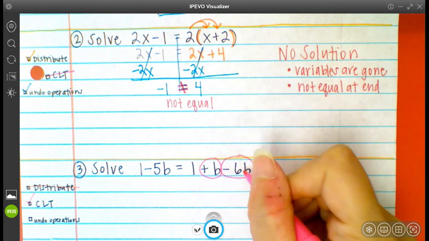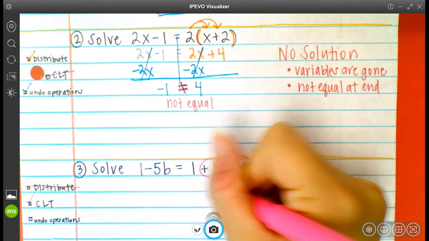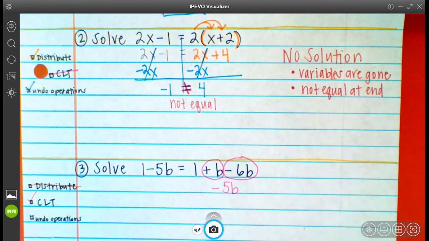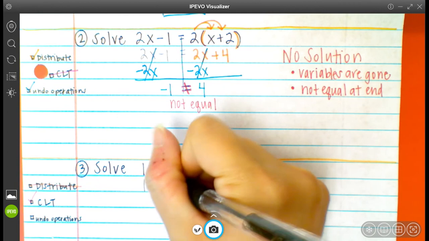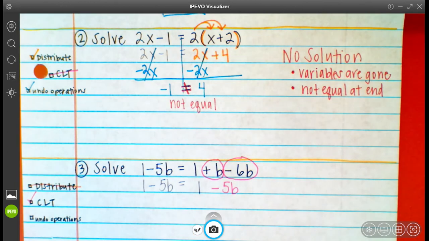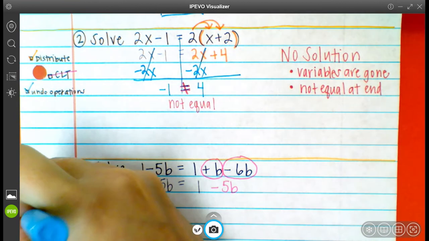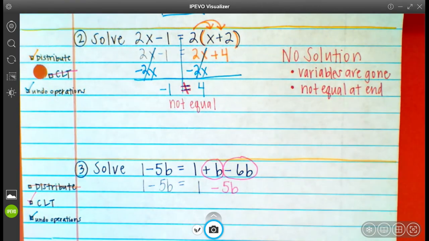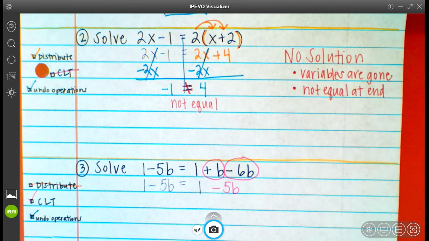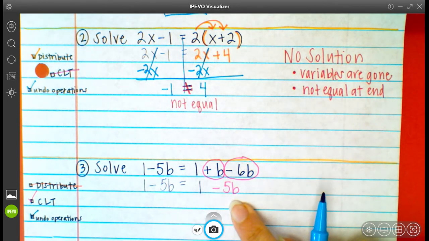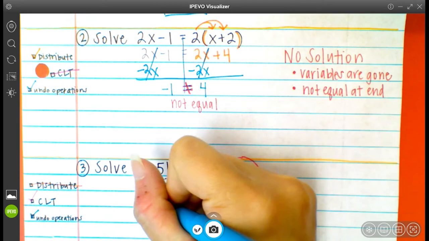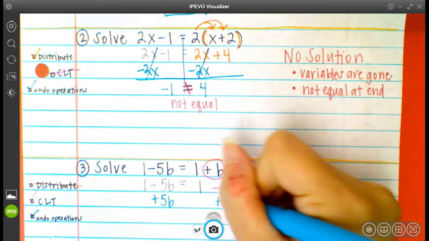So 1 minus 6 is going to give us -5 b's, along with a 1. All right, guys, and normally in our equation solving here, we will now be moving into undoing our operations. So to undo our operations, instead of subtracting 5b from both sides, we should add 5b on both sides.